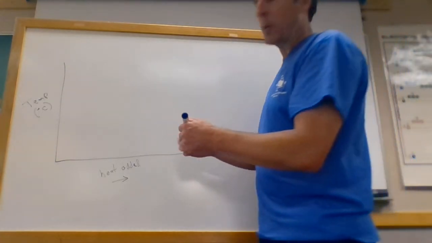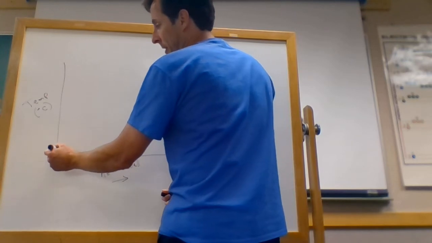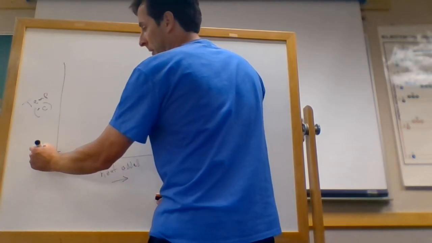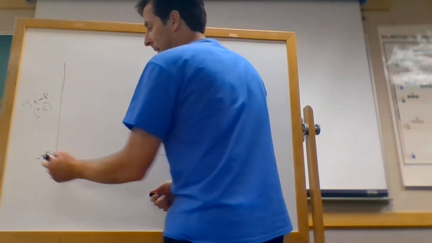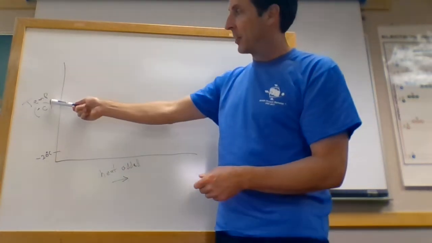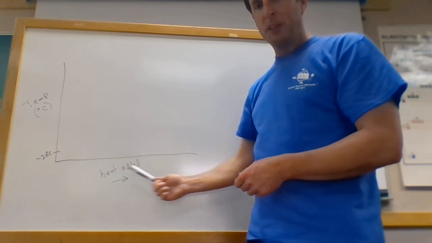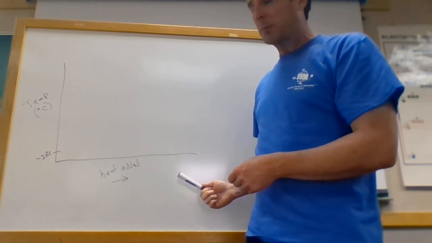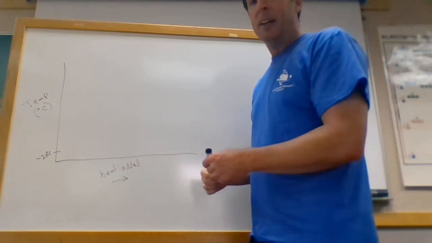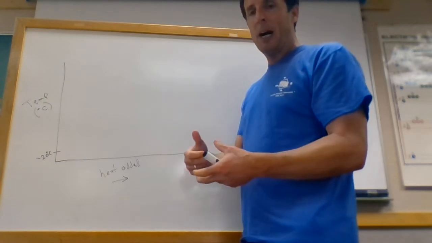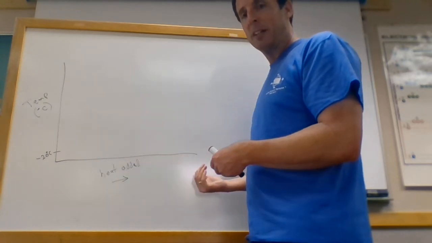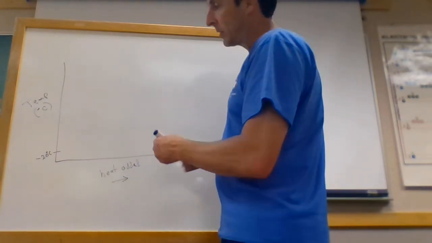I can start anywhere, but if we just say we're going to start at negative 20 degrees Celsius. On my graph, you notice I have temperature on the y-axis. As I add heat, it moves me to the right on my x-axis, so that says heat added. So when I put it on the pot, as I add heat, it's going to shift me to the right. I'm starting at negative 20 degrees Celsius.